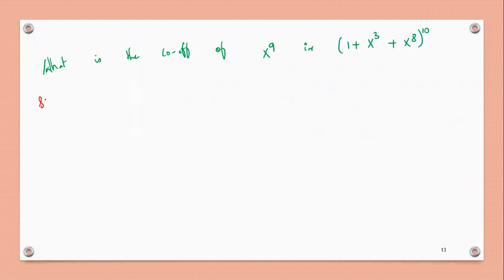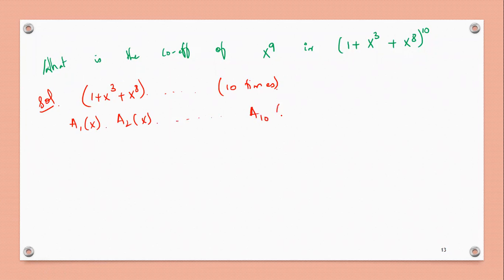Now, for this, the solution can be: this can be written as 1 plus x cube plus x power 8, 10 times. This will be our a1 of x into a2 of x and so on up to a10 of x.